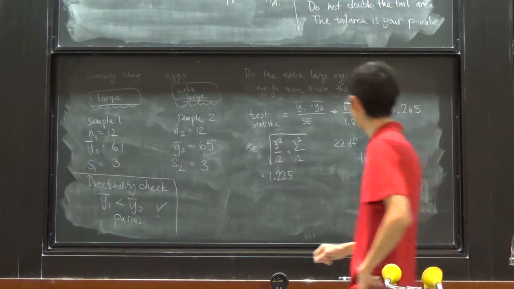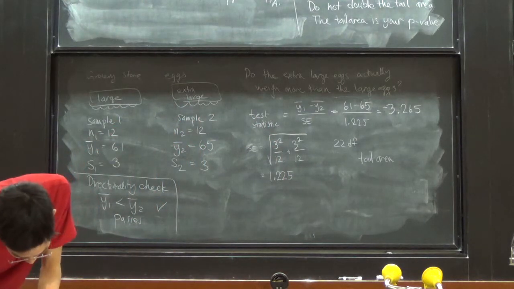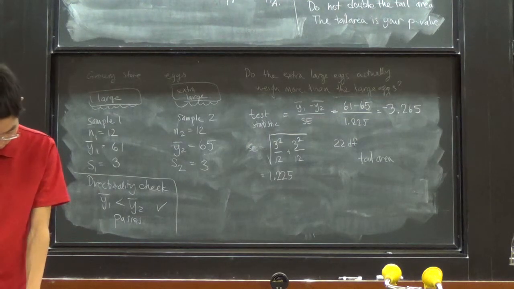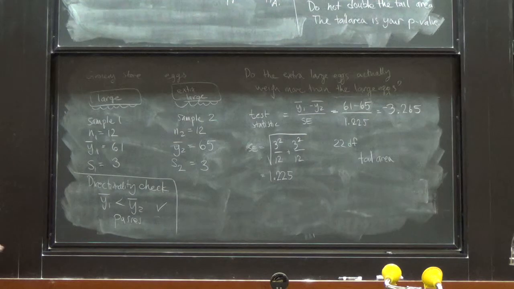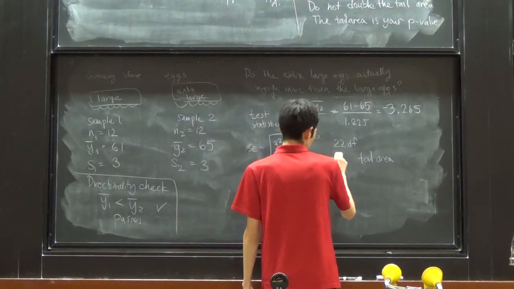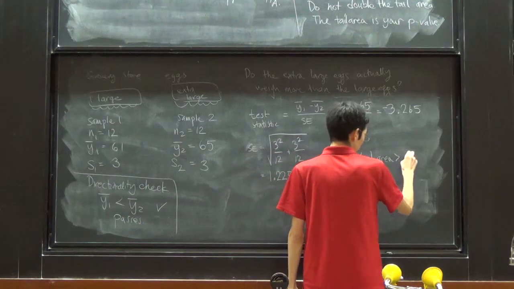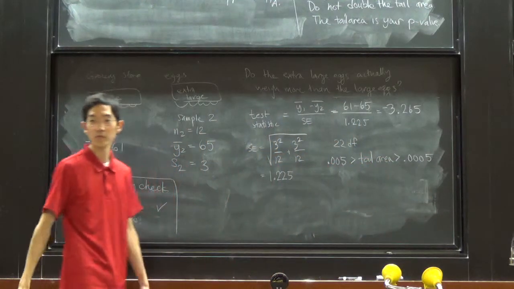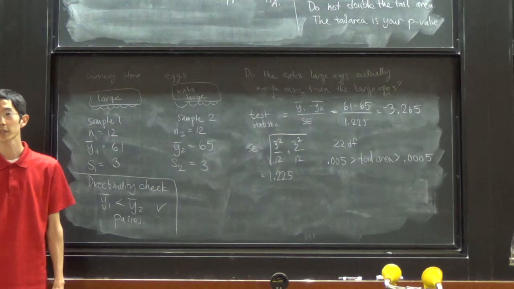My test statistic is negative 3.265. I'm getting between 0.005 and 0.0005. Is that okay?